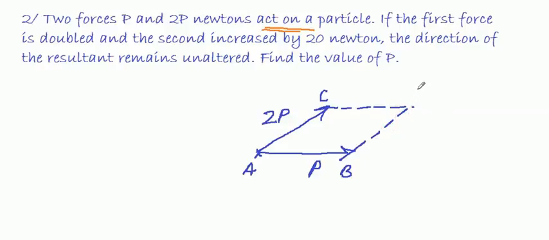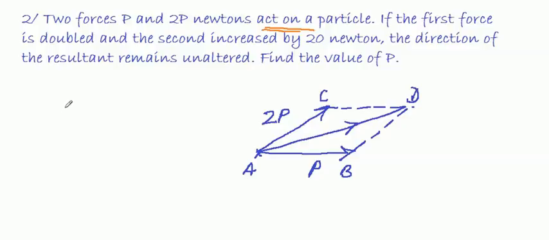Okay, point D. Now the resultant is obtained by joining the initial point with the final point, A with D. So AD is the resultant, correct? So when two forces P and 2P act, the resultant is AD.